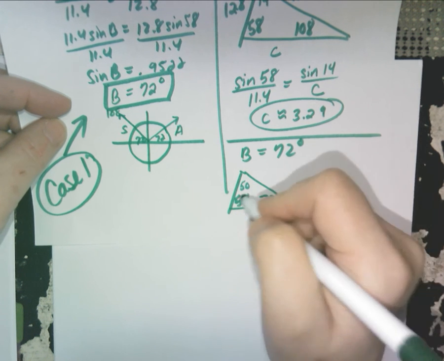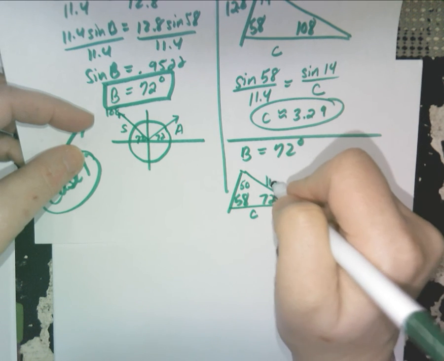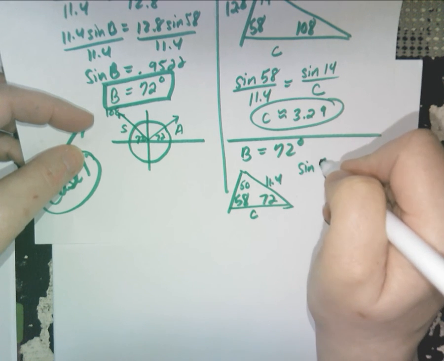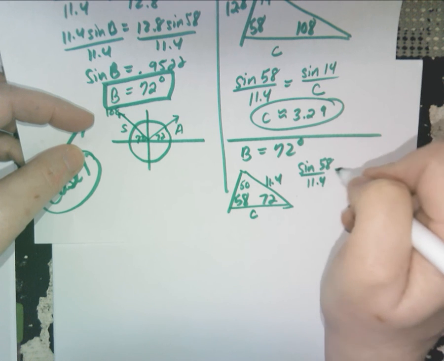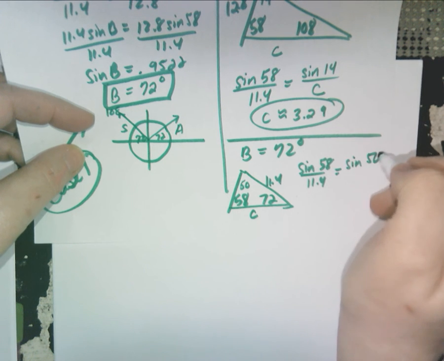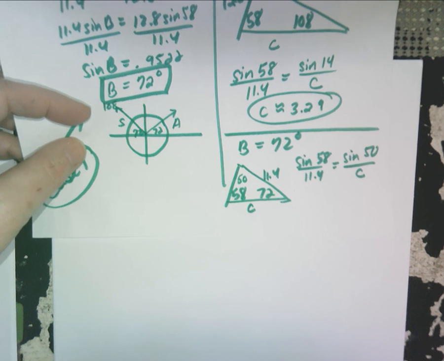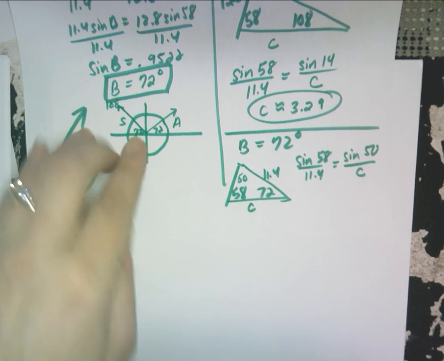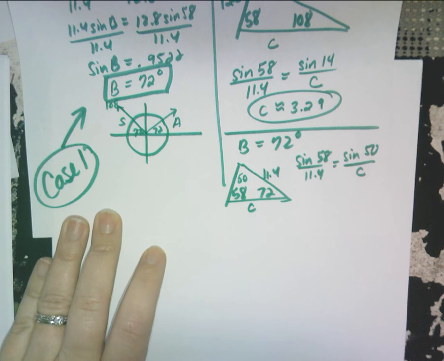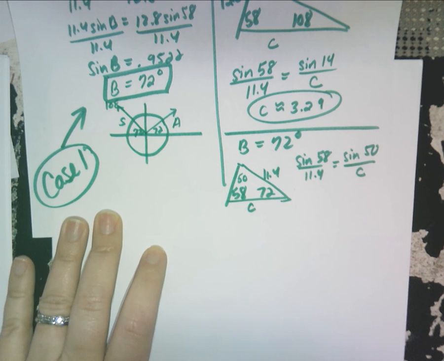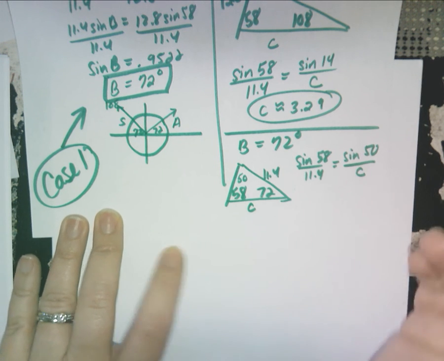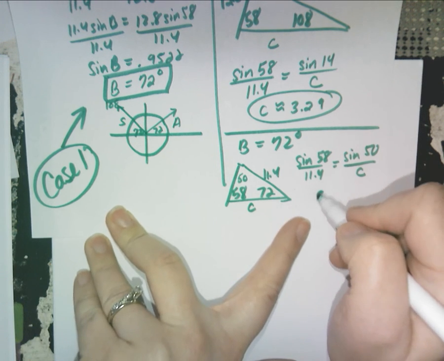Okay. So sine of 58 over 11.4 equals sine of 50 over C. And you crisscross multiply, and we get, bear with me because I can see you're all furiously doing this, 10.26.